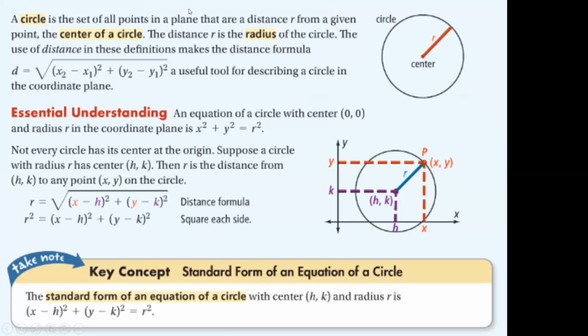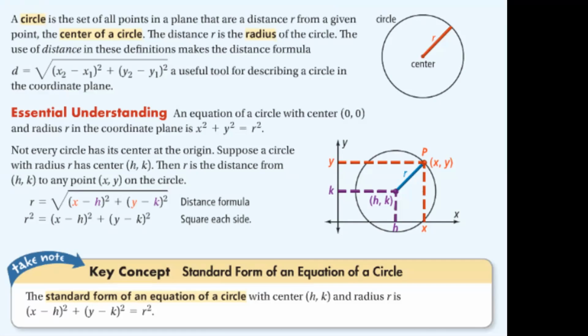Now, as you know, a circle is a set of all points. This set of points has a distance from a point. We call it the center. This is a circle, as you see. In the middle of the circle, we have a point.